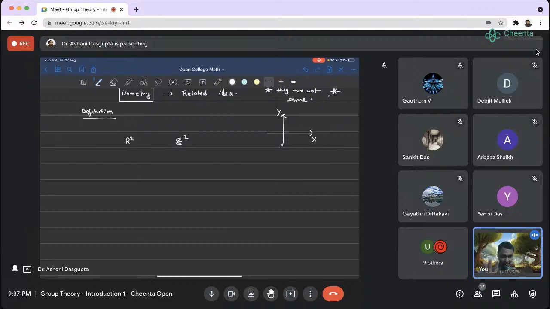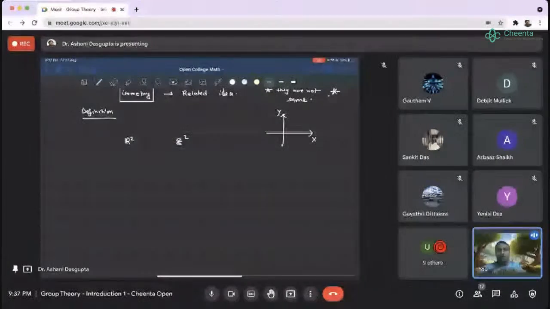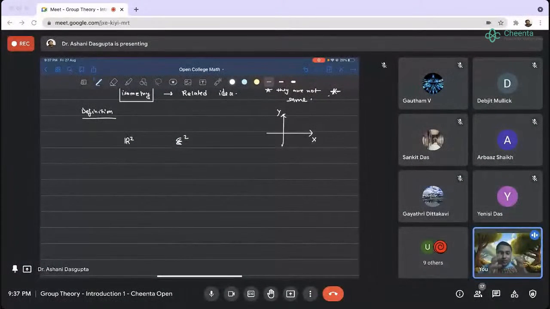Sometimes kids miss this, so let me spend a minute on that. Suppose you take a plain sheet of paper, you make small grains out of it, you tear it down into atomic pieces.